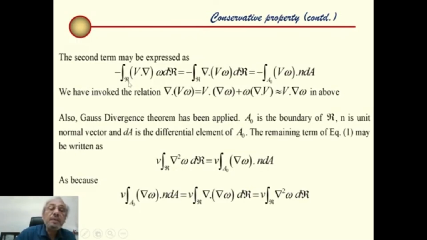Similarly, this convective term, v dot nabla omega dR integrated over R, can be written as nabla dot v omega dR, which again can be written as area integral v omega dot n dA. A naught is the area which is encompassing the volume of interest.